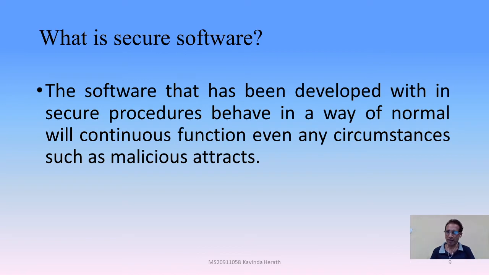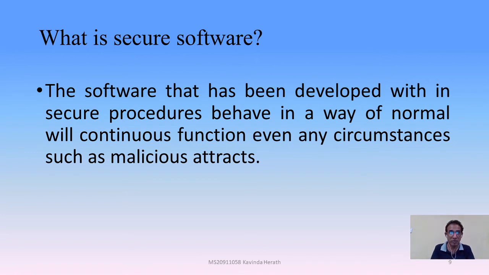What is secure software? There is no doubt that secure software is developed with secure procedures. We need to develop it with secure procedures: use of secure standards, use of the principles, use of best practices. Those are the procedures for the software to behave well and function continuously, even in circumstances such as malicious attacks.